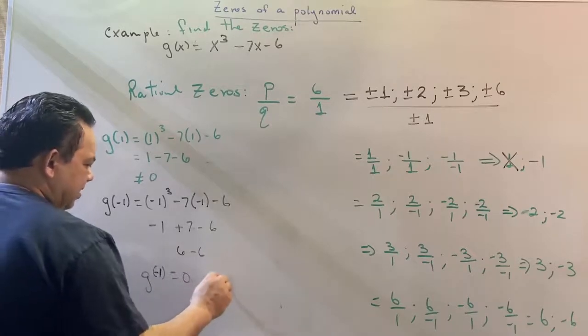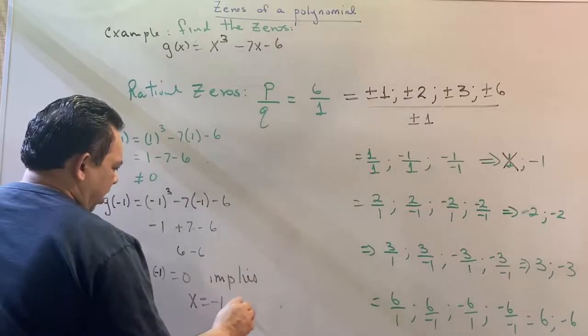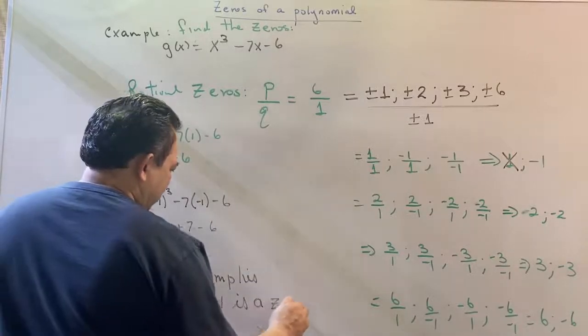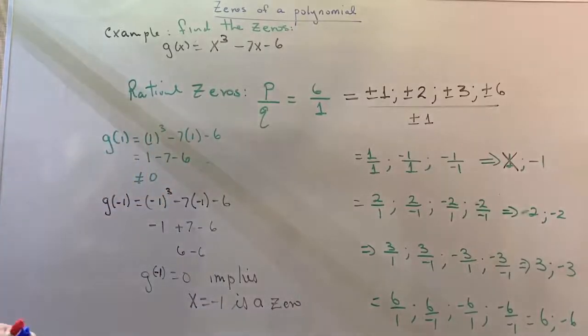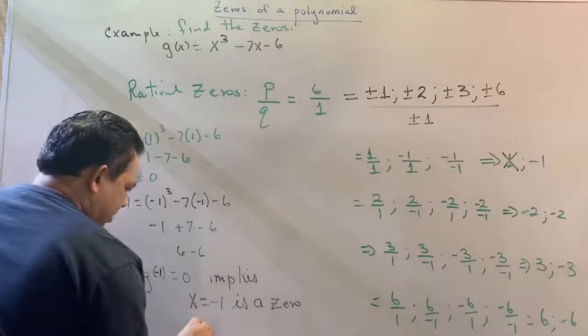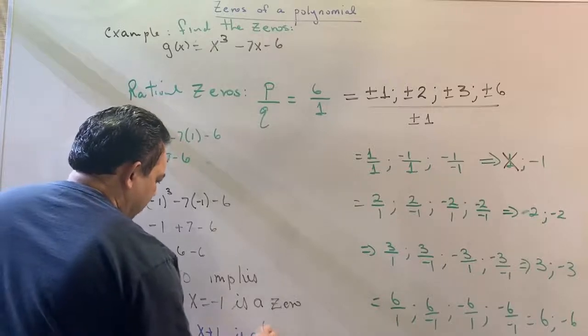This implies that x equals -1 is a 0. If x equals -1 is a 0, this tells us that x plus 1 is a factor.